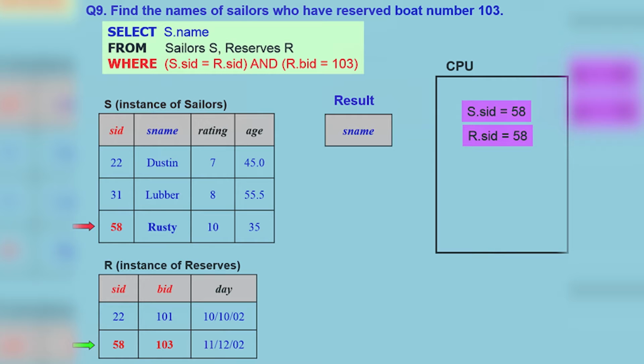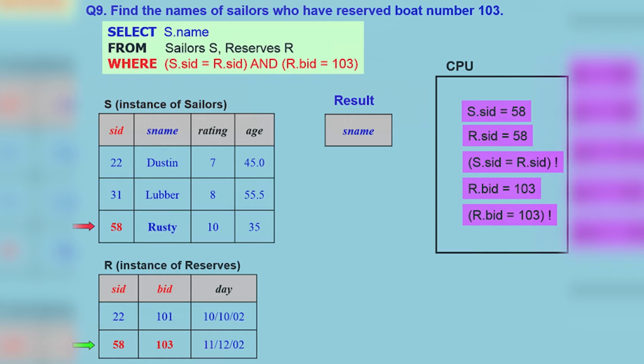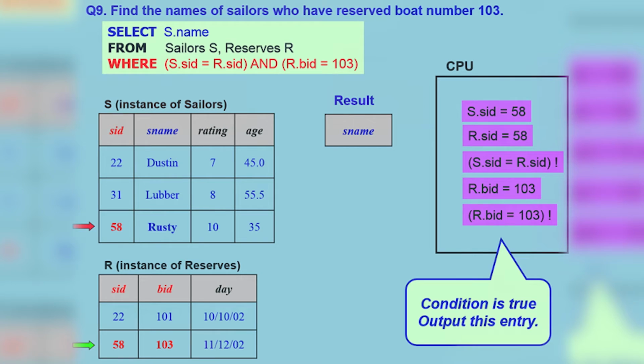R.SID is equal to 58. S.SID is equal to R.SID. R.BID is equal to 103. Bingo! Condition is true, output this entry.